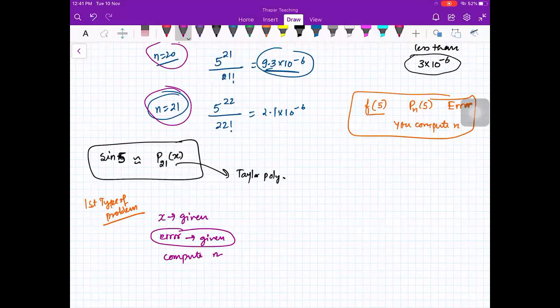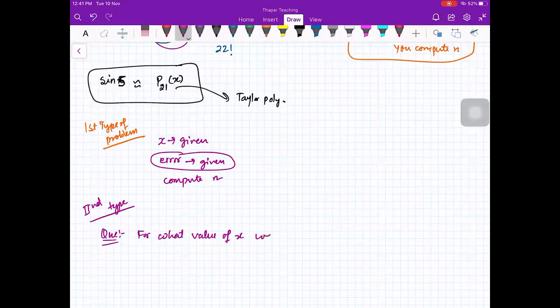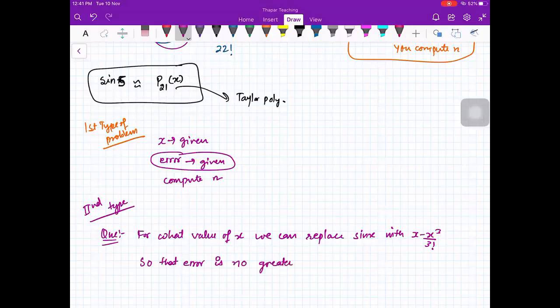Okay, so the second type of problem is based on the same concept. I'm just writing it. For what value of x can we replace sin x with x minus x cube upon 3 factorial, so that error is no greater than 3 into 10 to the minus 4.